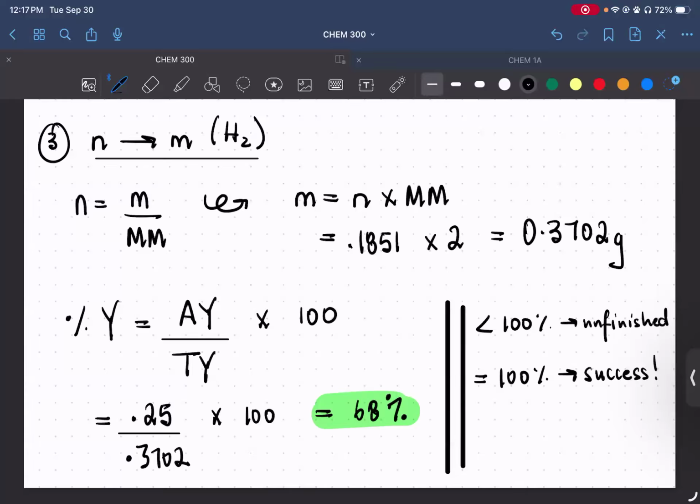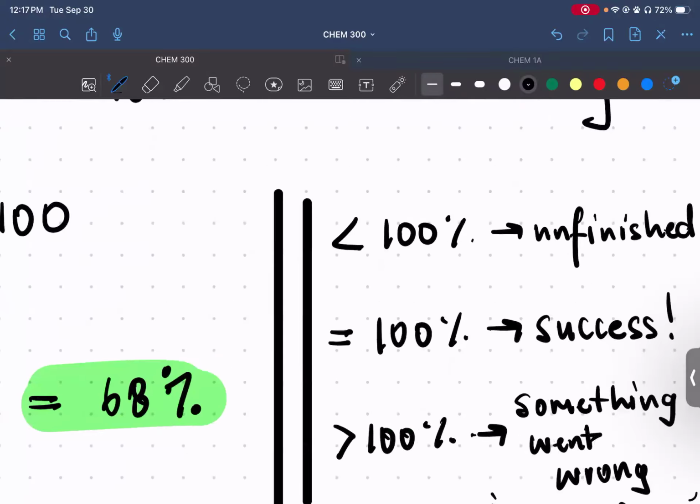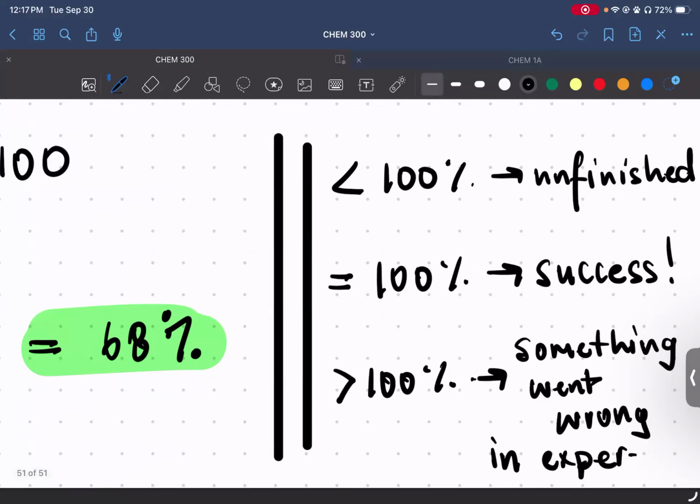But occasionally, you can get greater than 100% yield. That simply means something went wrong in the experiment. It's not a problem. It's not something for you to fix. It's not something for you to worry about. But don't be surprised if you do some questions and your yield is over 100. It happens. It's just a reflection of the success of the reaction.